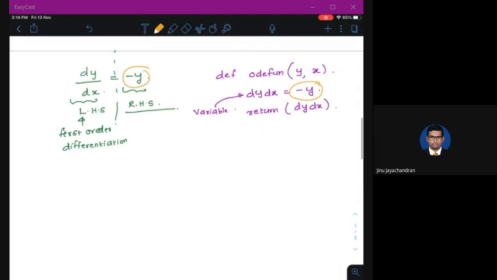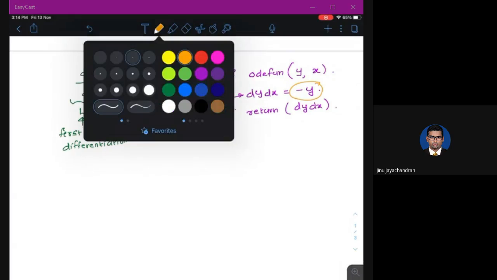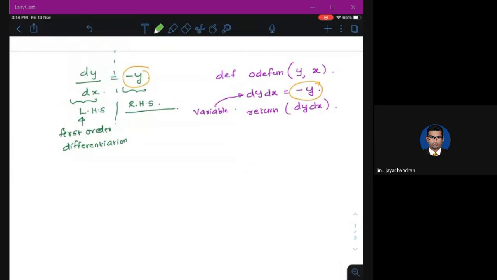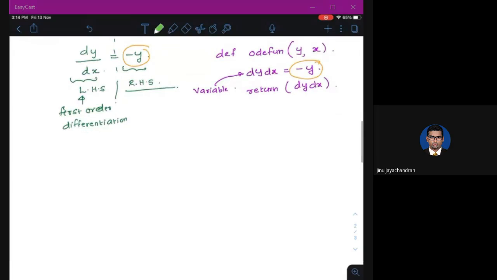Okay. And to make it a solution, we'll see the complete program, but let me just give you a brief on how to do this. ODE int, you call the function ODE function, comma.